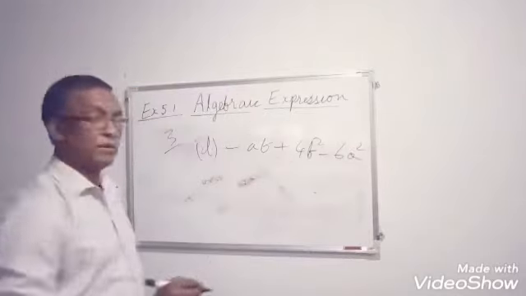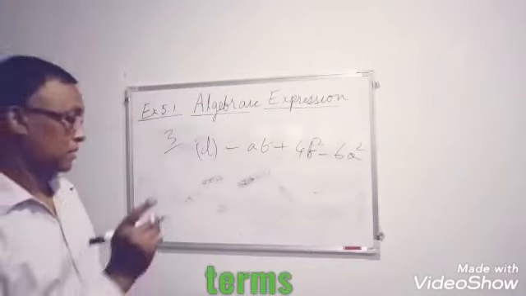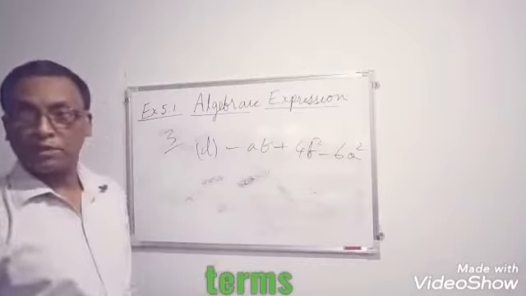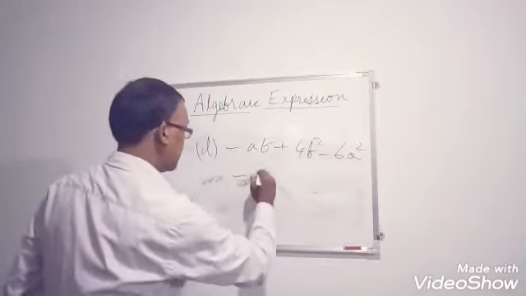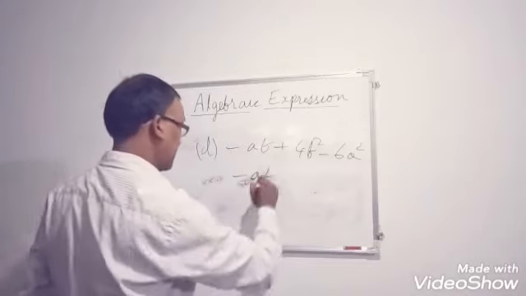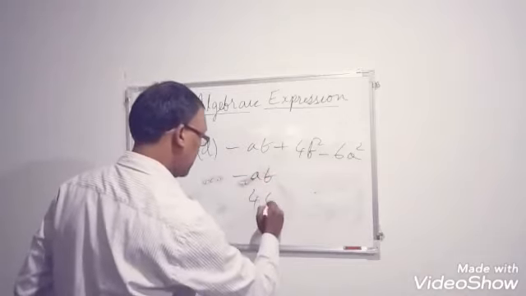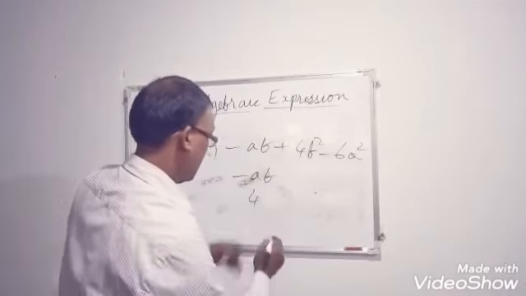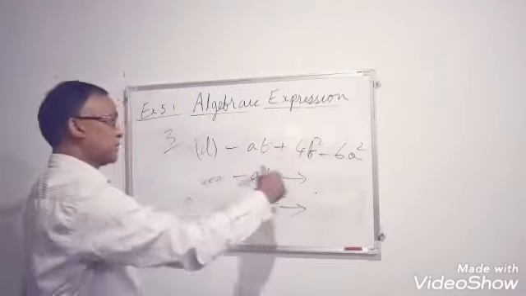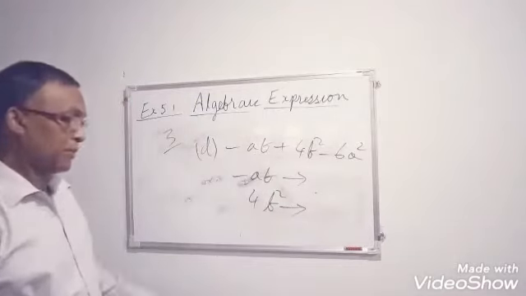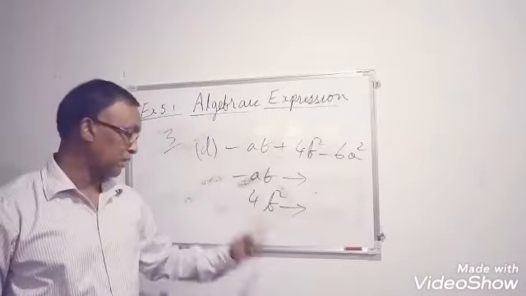So first thing, we have to find out the terms which contain b. So first is ab. Here b is present. The next term is 4b squared. So these are the two terms. Here it is 6a squared. So I'm not writing that one because they are asking only b.